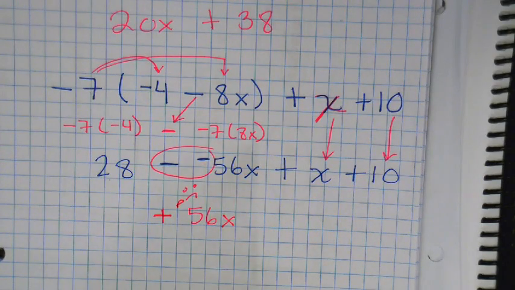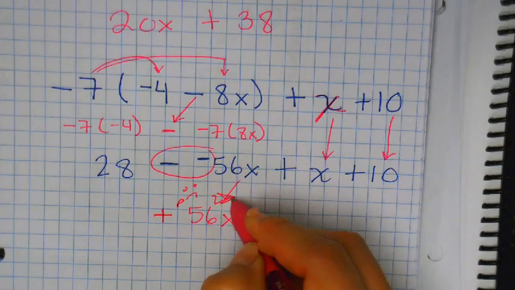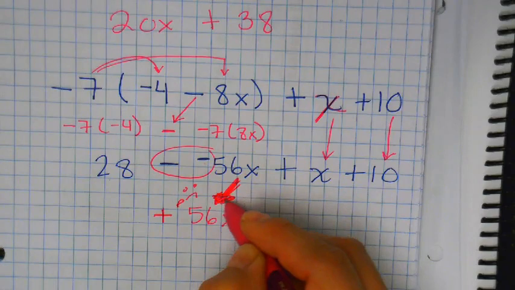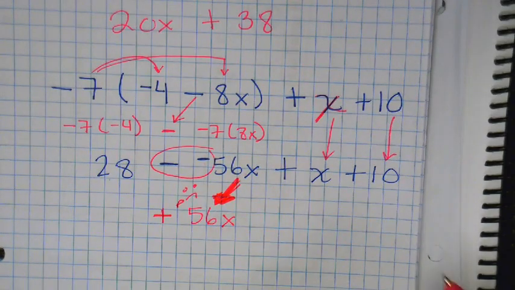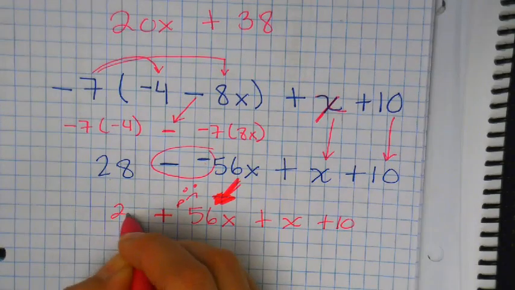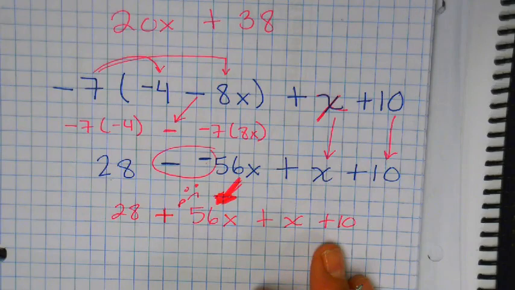All right, so when you see a minus and a negative, you drop this down. Plus x plus 10 plus 28. Now this is a very basic math question, right?